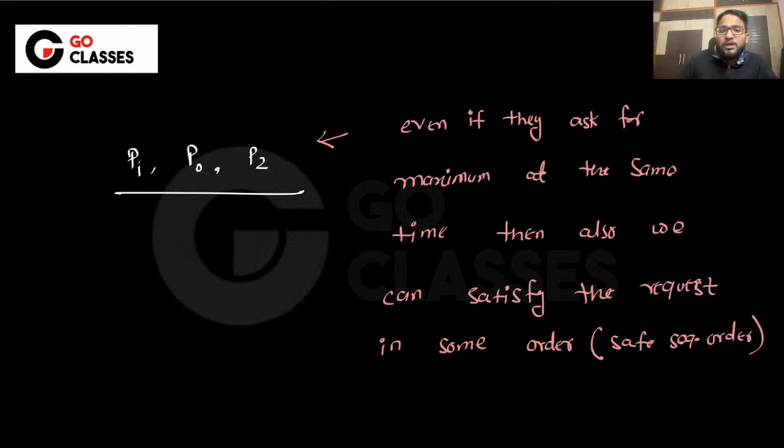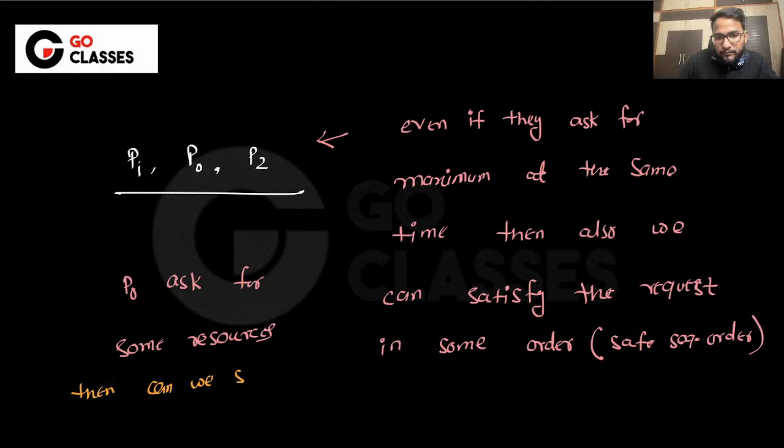But let's suppose P0 asks for some resources instead of P1. Then can I satisfy? The answer is, it depends whether the resulting sequence is a safe sequence or not.